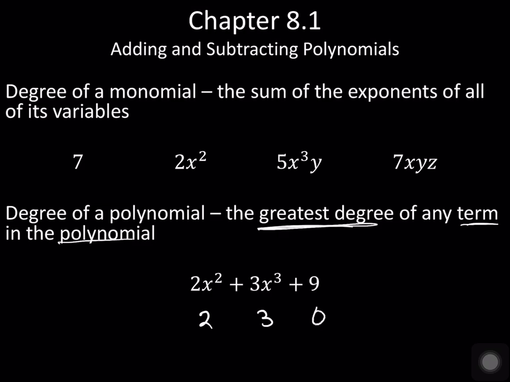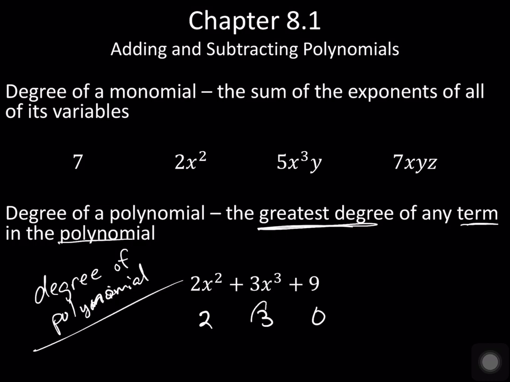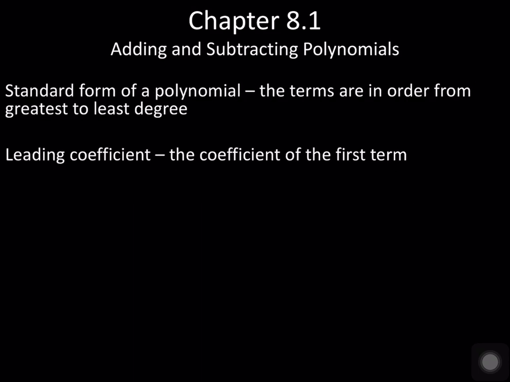So that means that the degree of the polynomial, the greatest of those, spelling is tough tonight. The degree of the polynomial is 3 because it is the greatest degree of those 3 terms. Now, that's important, okay, because we want to be able to write polynomials in standard form.